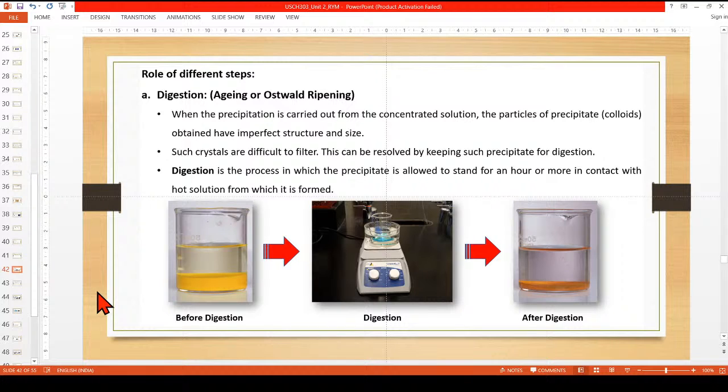Okay, so this is your process of digestion. Digestion can be half an hour, 1 hour, 1 day, 1 week, or even 1 year for many natural reactions. So for your chemical reaction in lab, we usually give you digestion of half an hour or 1 hour, like that.